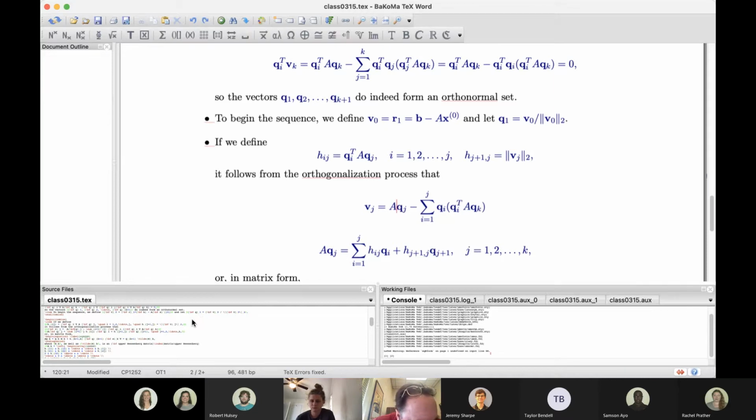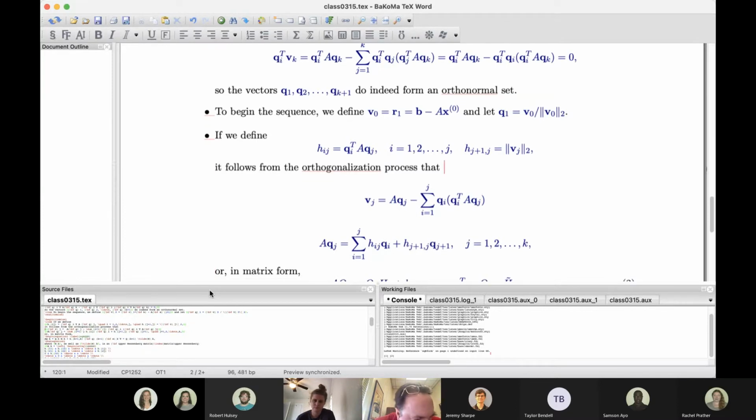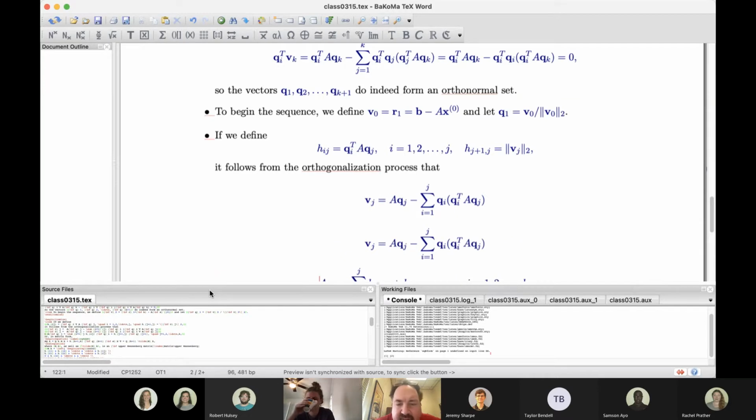Okay. So then I'm going to use this notation, q_i transpose A q_j, that's h_ij. So I'll just fill that in.